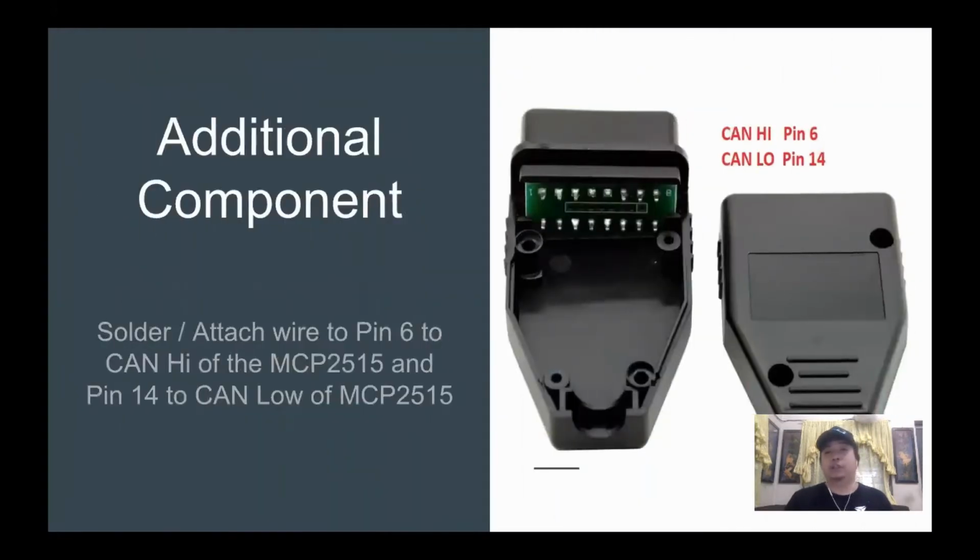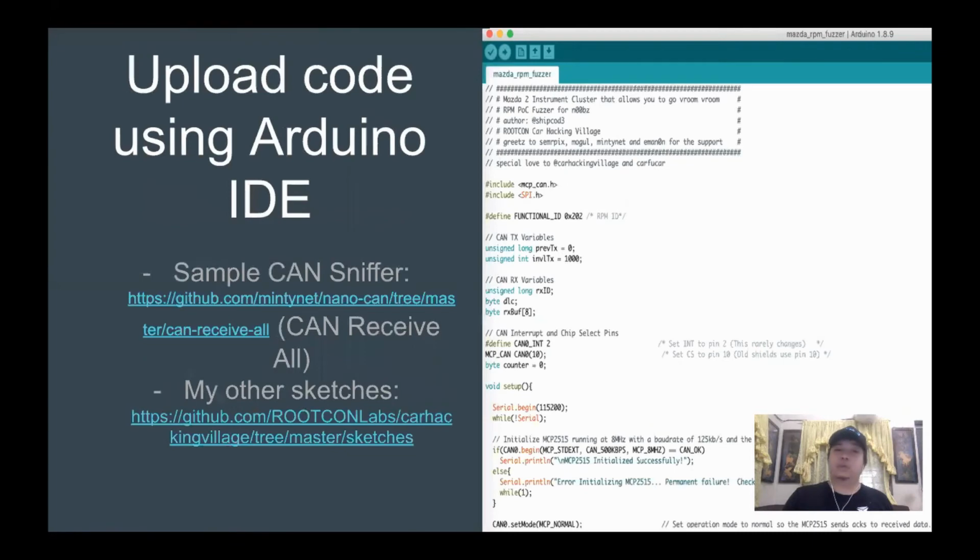You need additional components to attach the wire to pin 6, CAN high of the MCP2515, and pin 14 to CAN low of the MCP2515. You could also buy this one on eBay or Amazon. Mintonet also has a sample CAN sniffer in this repo, which allows you to sniff all the packets or CAN messages that your car is sending.